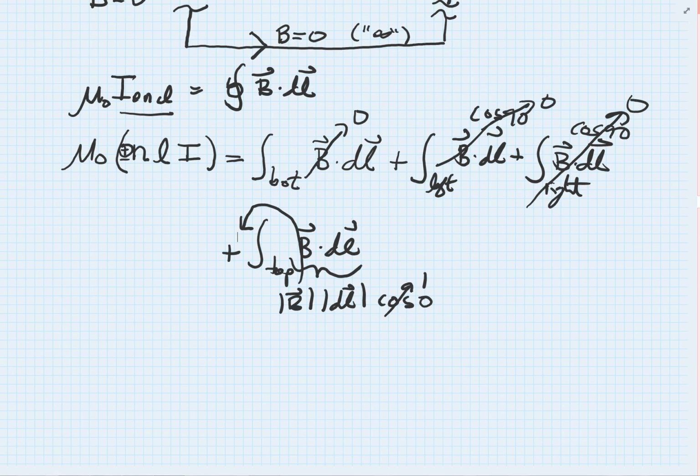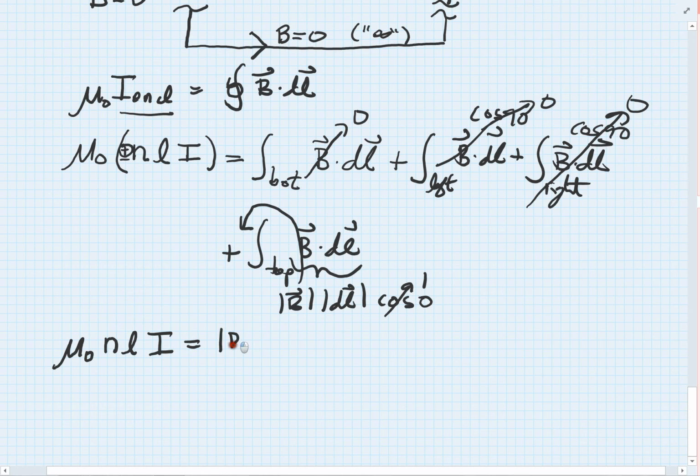So to summarize, I've got from the left-hand side, mu naught n L I. And on the right-hand side, I have the magnitude of B for this particular distance I've chosen inside the solenoid, a particular distance from the wall of the solenoid, times L. The L's cancel. And we have the nice, interesting result that the magnetic field intensity inside a solenoid is actually constant.